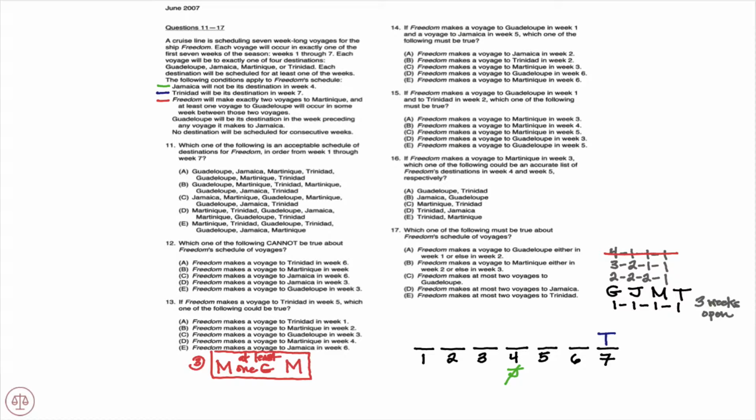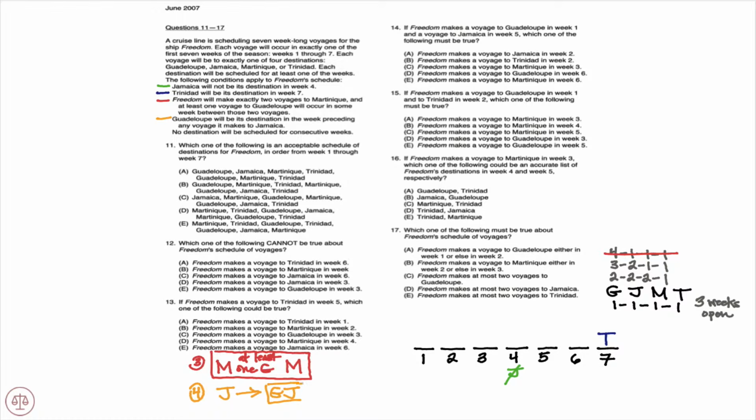Turning our attention now to the fourth condition, Guadeloupe will be its destination in the week preceding any voyage it makes to Jamaica. Alright, so it's really important to think carefully about what this rule is saying, because again, we know any introduces sufficient. So any voyage it makes to Jamaica must be preceded by a trip to Guadeloupe.